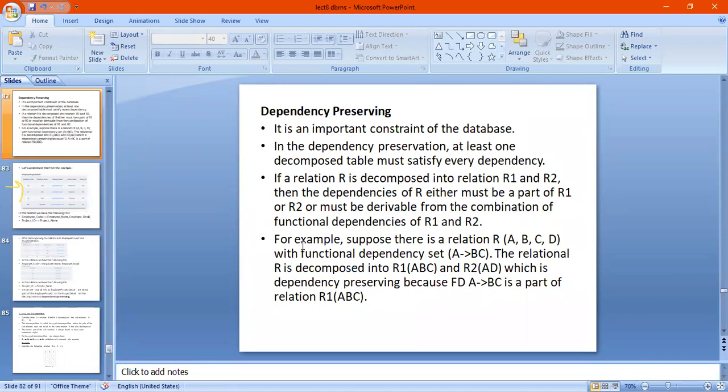Next, for example, suppose there is a relation R with attributes A, B, C, and D, with the functional dependency set that A depends on BC.